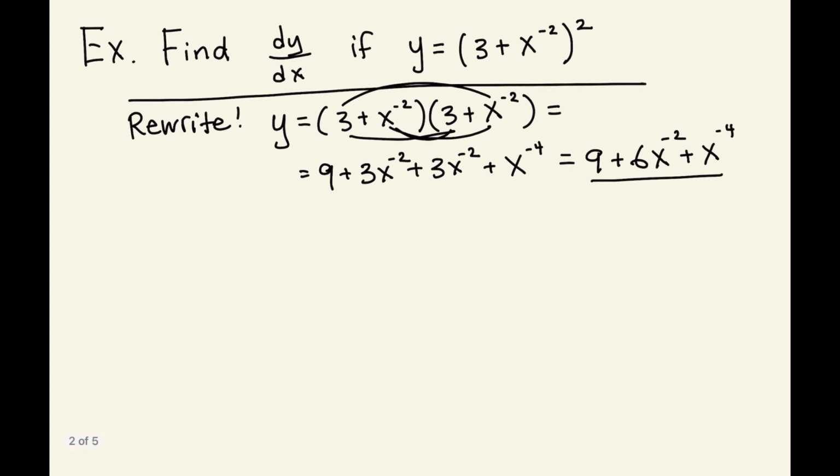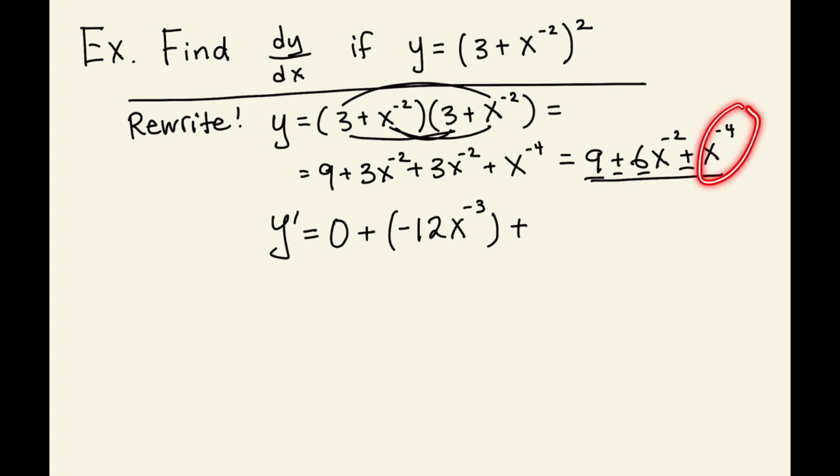But now I can use the power rule, the sum rule, and the constant multiple rule. So y prime is given by, the derivative of 9 is just 0. The derivative of 6x to the negative 2 is negative 12x to the negative 3, using the power rule and the constant multiple rule.